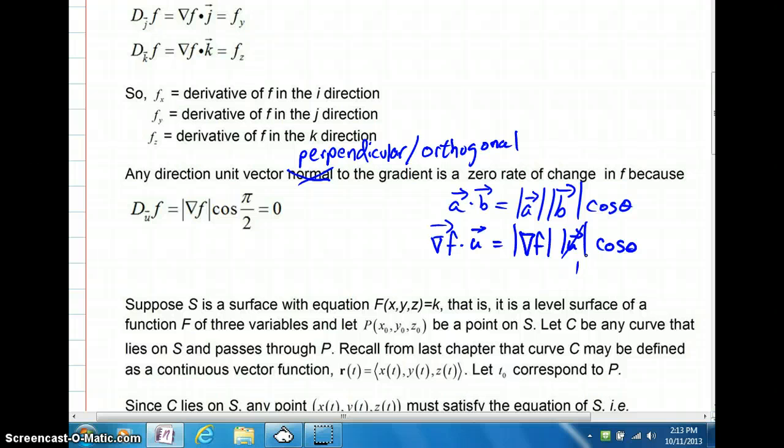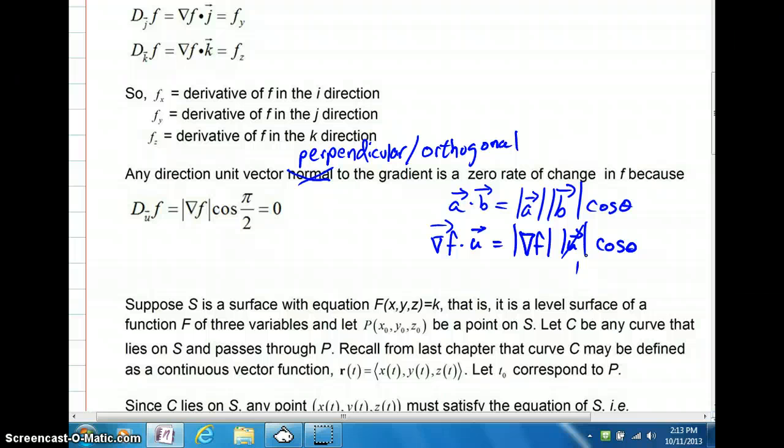So every time a unit vector is perpendicular to the gradient vector, the rate of change of that function in that direction is 0. Our z value would remain the same. It's not changing the height of it if we're in a 3D type of graph. So those are just a few loose ends to tie up.